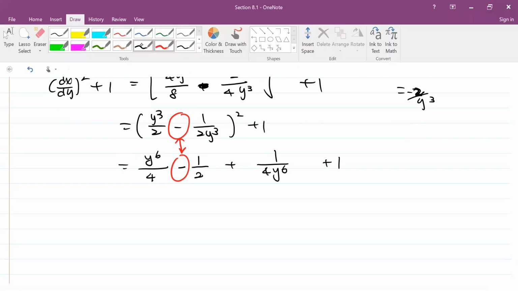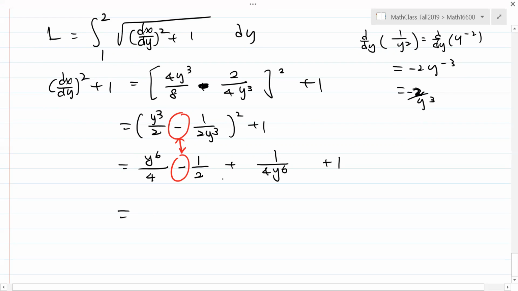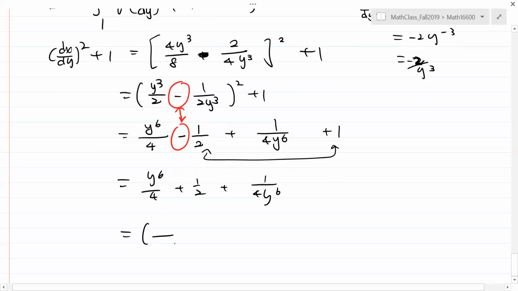Why? Because if we have negative 1/2 plus 1, right? You get y to the 6 over 4 plus 1/2 plus. Okay? Then I'm pretty sure this is just equal to y cubed over 2 plus 1 over 2y cubed, squared. Right? Yeah, because I changed the negative 1/2 to positive 1/2.